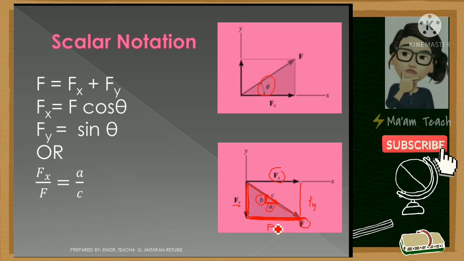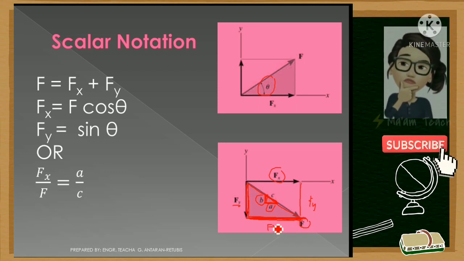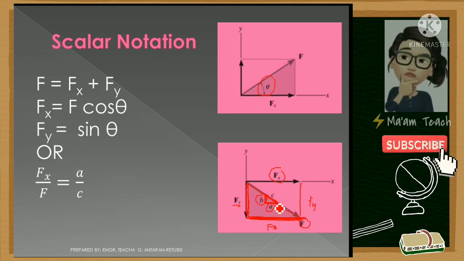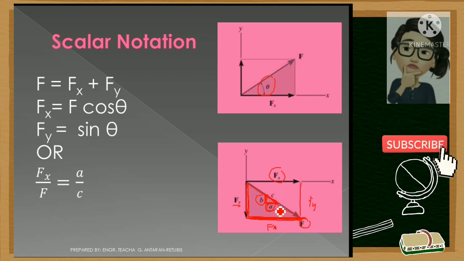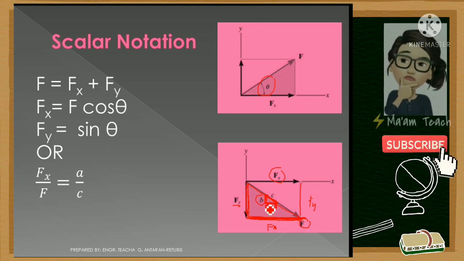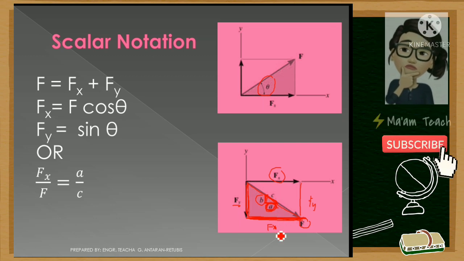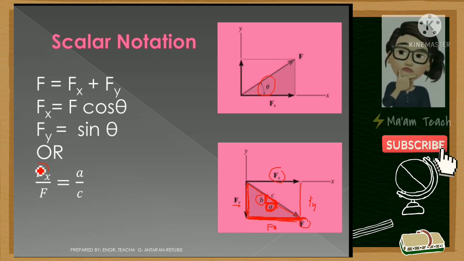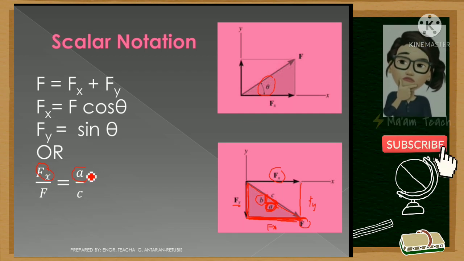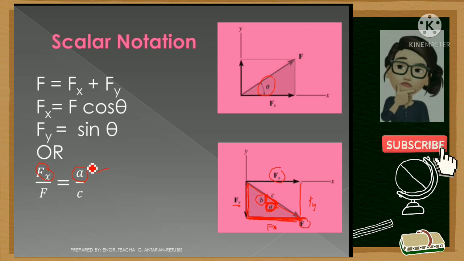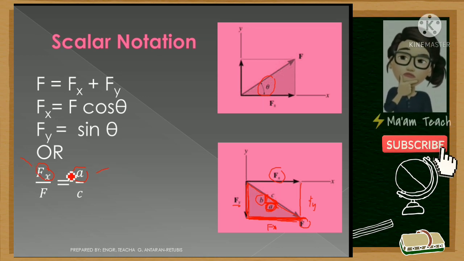What is its proportionate part on the small triangle? It is the side A. Can you follow? In the small triangle, the adjacent part is the side A. In the big triangle, it is the f of x. That's why we have here f of x is proportionate to your side A. This is the small triangle, and this one is in the big triangle.